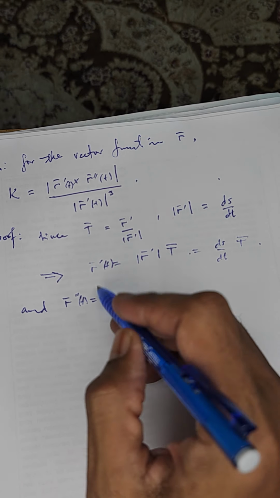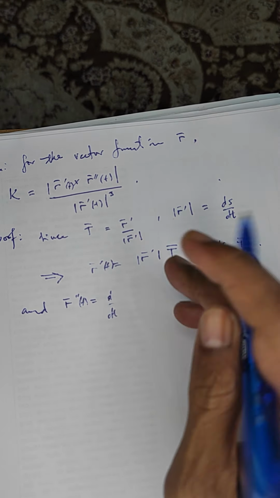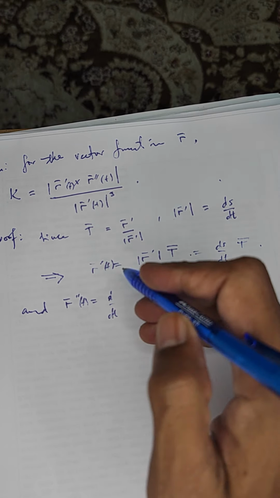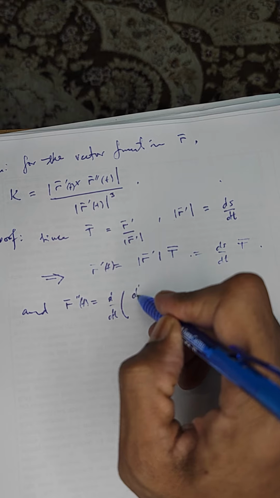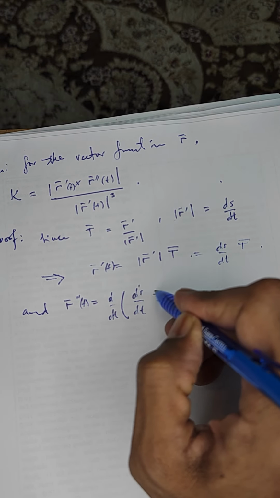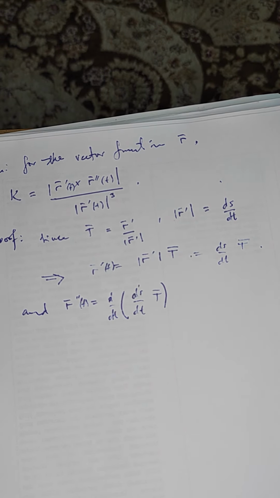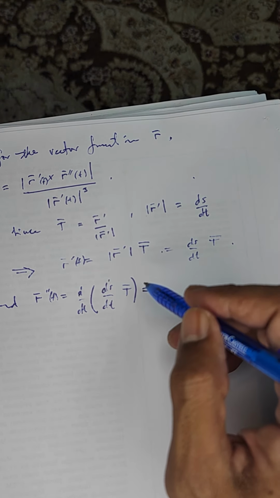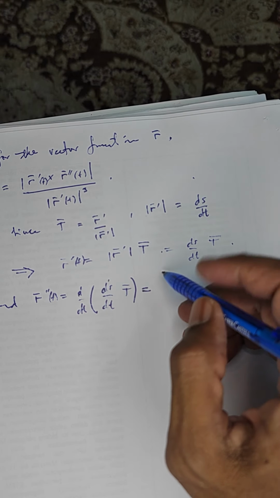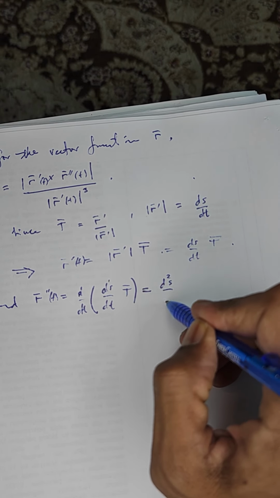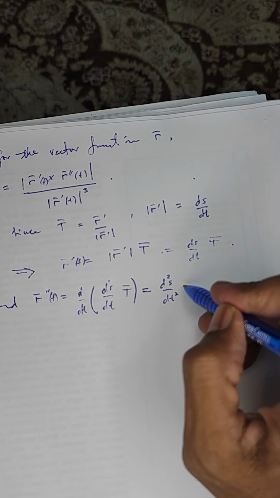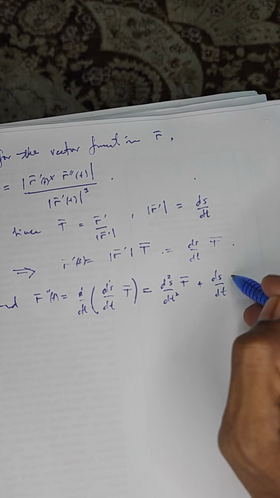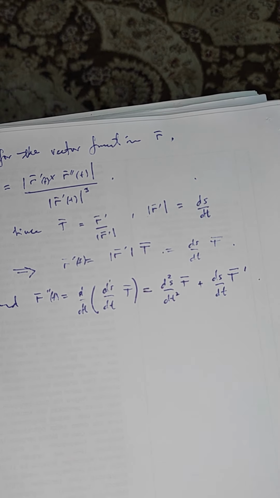So this means r'' is d/dt of r', and our r' is given as that, so d/dt of (ds/dt) T. Okay, and what we have here, we use the product rule: we have d²s/dt² fixing T, plus ds/dt times the derivative of T.